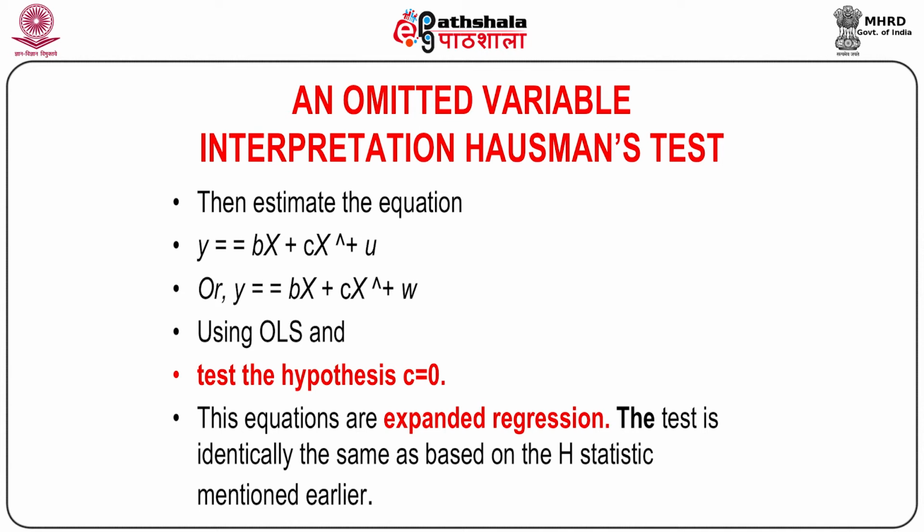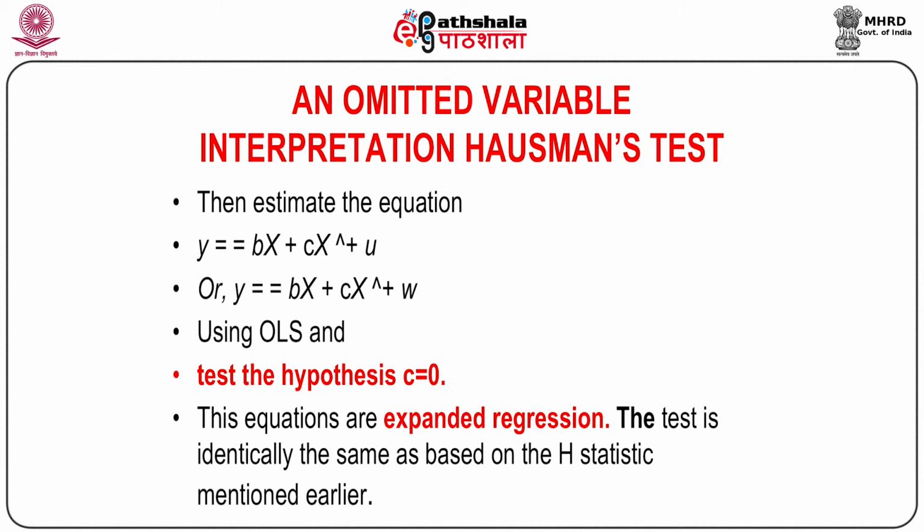Then estimate the equation y equals beta x plus c x hat plus u, or y equals beta x plus c r hat plus w, using OLS and test the hypothesis c equals 0. These equations are expanded regressions, and the test is identical to the one based on the H statistic mentioned earlier.